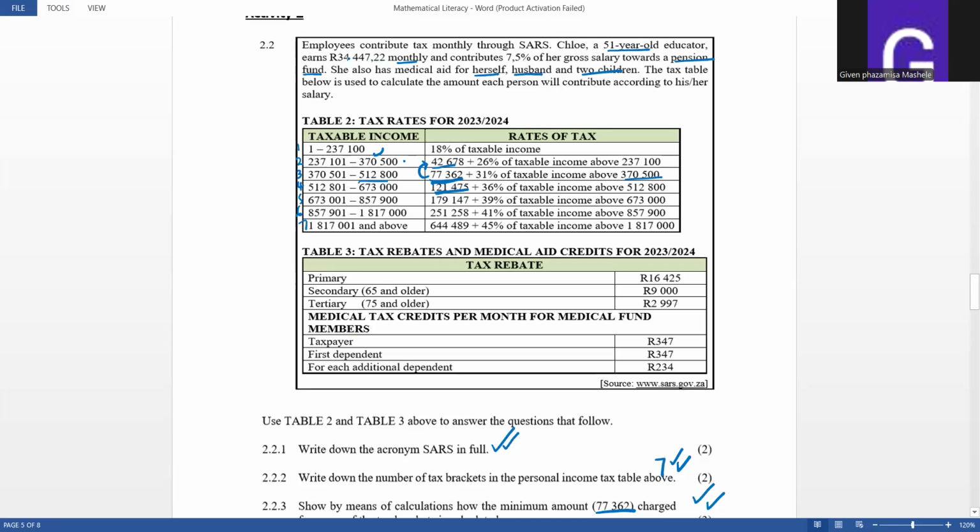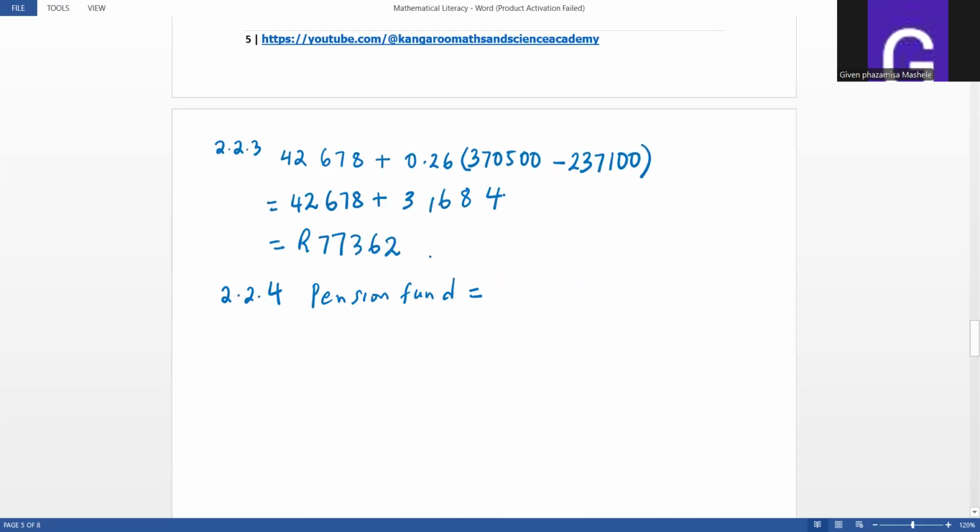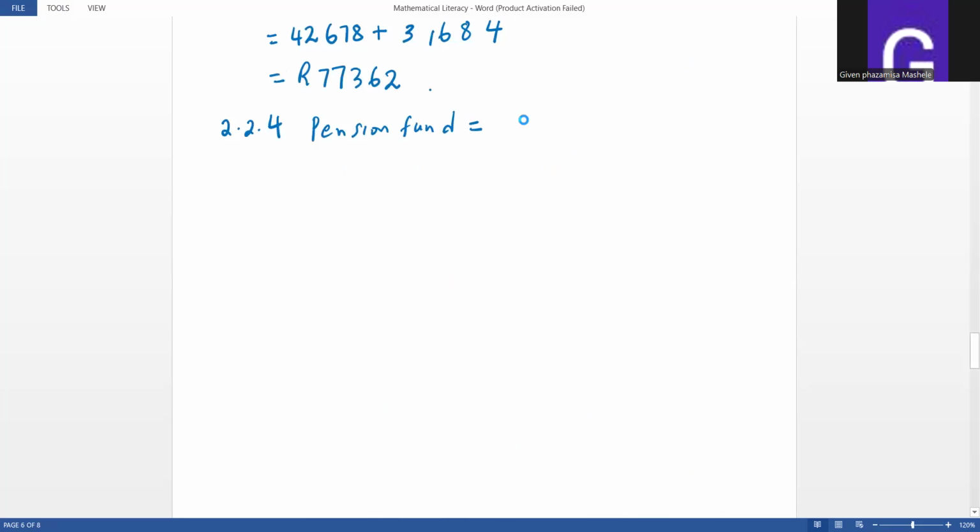So we're going to calculate 7.5% of the monthly gross, which is 34,447.22. So 7.5 over 100 multiplied by 34,447.22.